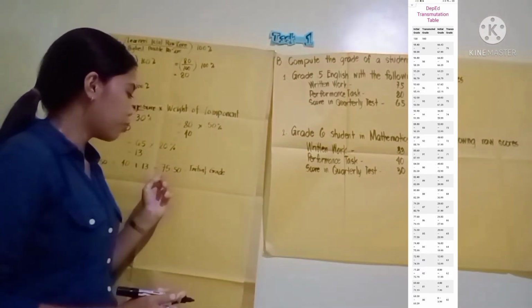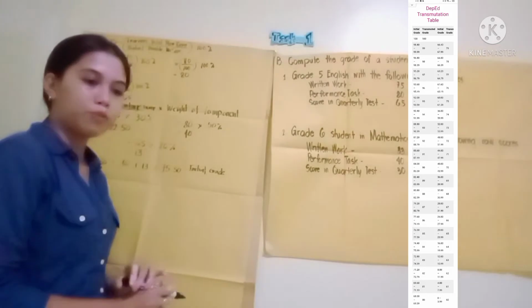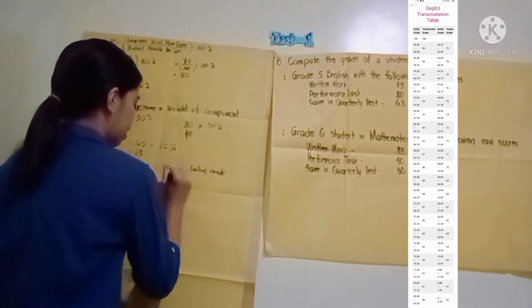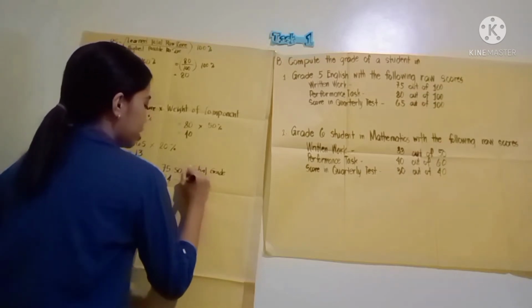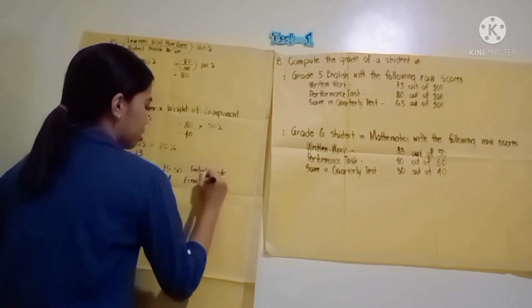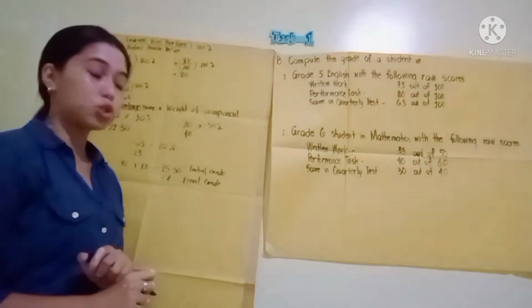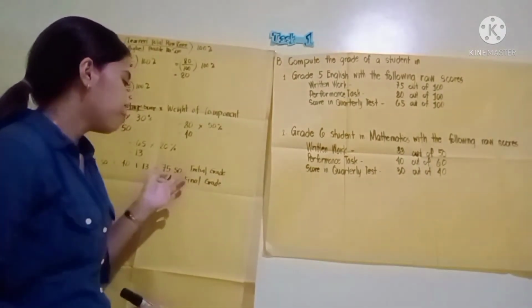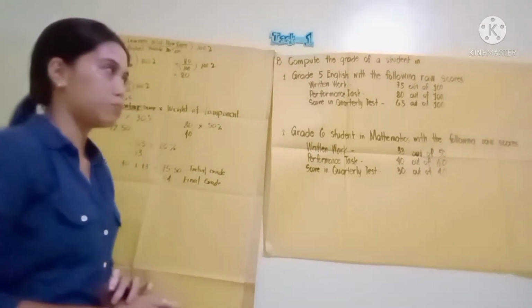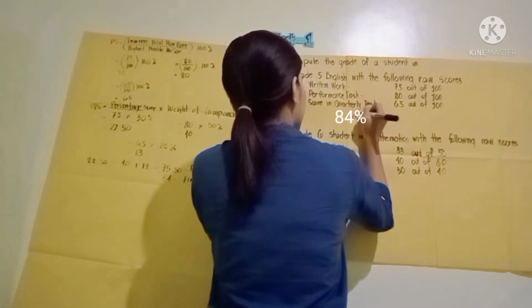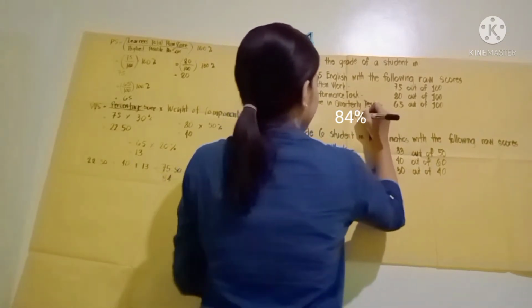So the transmuted grade for the 75.50 is equal to 84. So the final grade of the grade 5 student is 84 for the English subject. So we need to put here 84%.